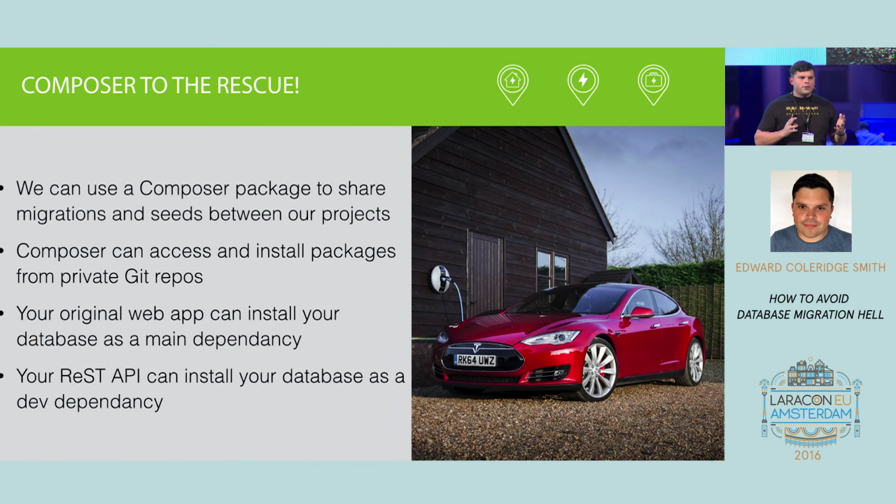So this is where Composer comes in quite handy. What we can do is take that database directory from Laravel and package it up into a Composer package, which can be privately distributed between your two applications. And so your web application will maintain control of your database, and your API can now just have a dev dependency of your database package.